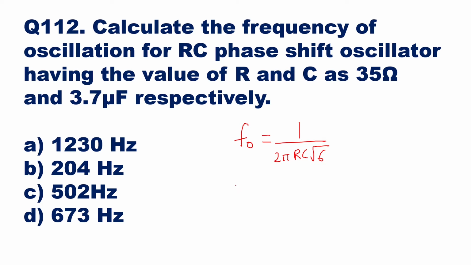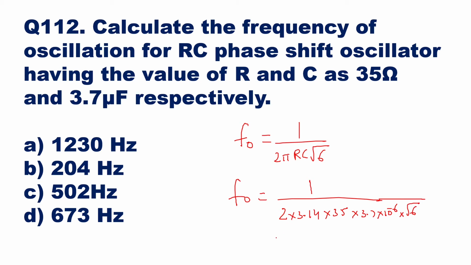If you substitute these values, F naught is equal to 1 upon 2 into 3.14 into R, which is 35 ohms, and C is 3.7 microfarad, that is 3.7 into 10 to the power of minus 6, into root 6. This is what you have to solve to get the answer, and we will see what answer we get here.